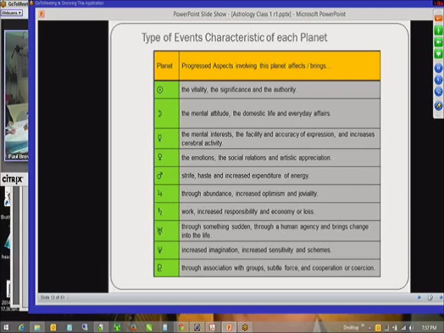Okay, so this is just sort of the summary, but let's move on. Houses that don't have planets in them are still important. You still have that department of life, but you have to look to the ruler of the cusp.